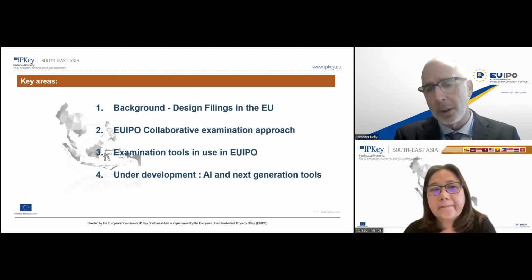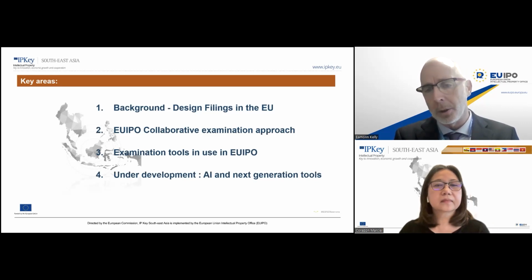We insist with our applicants that they must check for that. So in essence, our examination is about ensuring that the views provided are an actual design and then making sure it matches with the given indication of product. So the work we do is also considerably shorter than maybe what you would have in your countries.